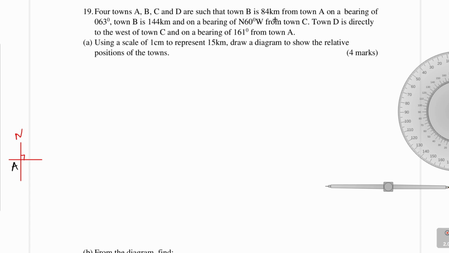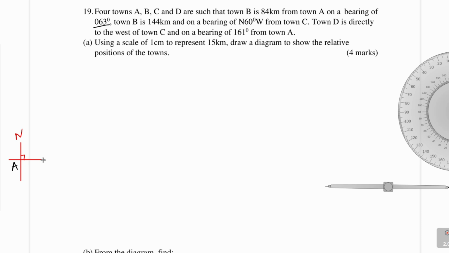So B is 84 kilometers from town A. From this town, this is where we're supposed to measure 63 degrees, on a bearing of 063 degrees. Remember, when we are giving true bearing, we measure the angles from the north in a clockwise direction.